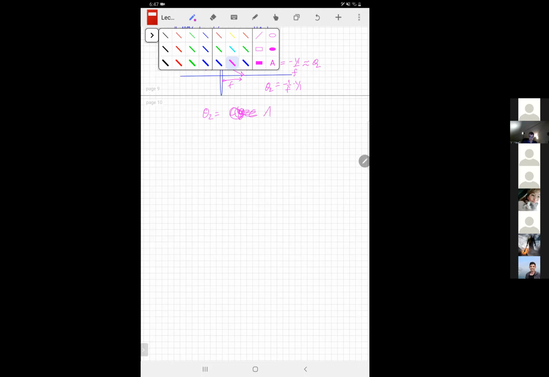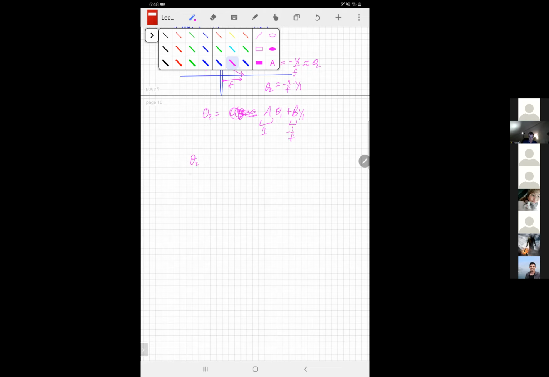Theta 2 is equal to a theta 1 plus b y1. And this a is saying, if y1 is 0, what is the relationship between theta 2 and theta 1? Well, it's just 1. And if theta 1 is 0, b is telling you the relationship between theta 2 and y1, and that's minus 1 over f.